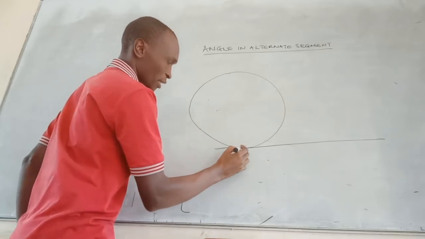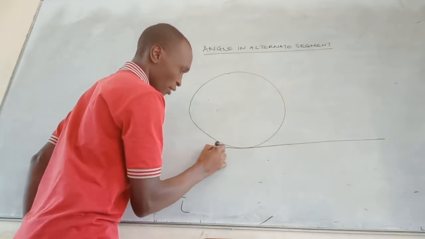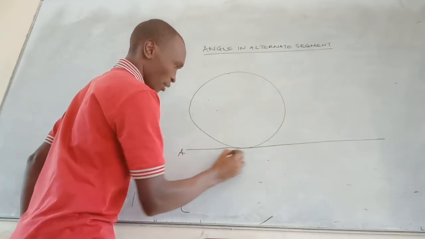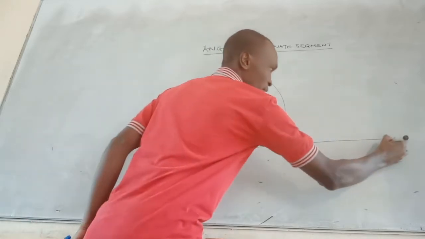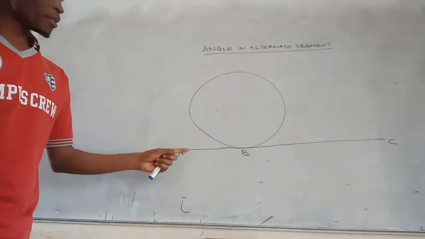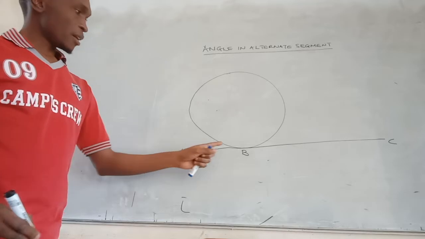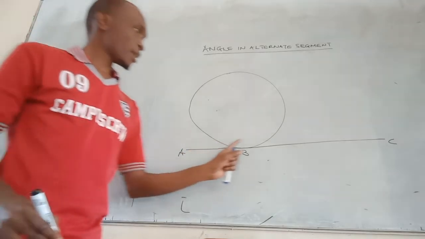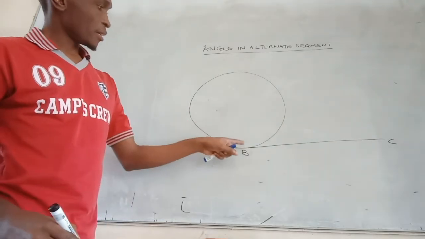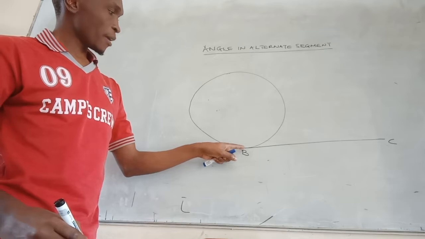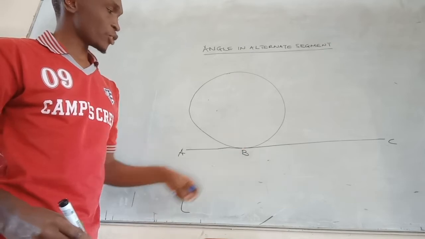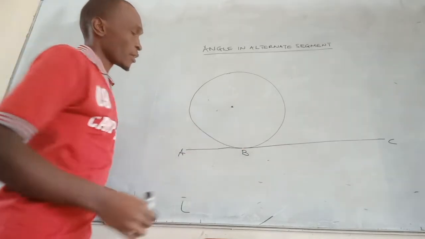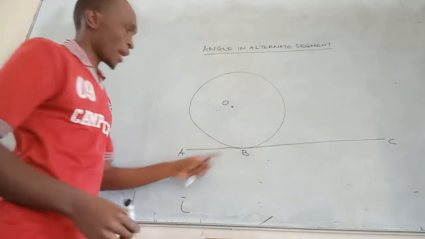Let me call this tangent ABC. So tangent AC is touching, or is in touch with, the circle whose center is O at point B.